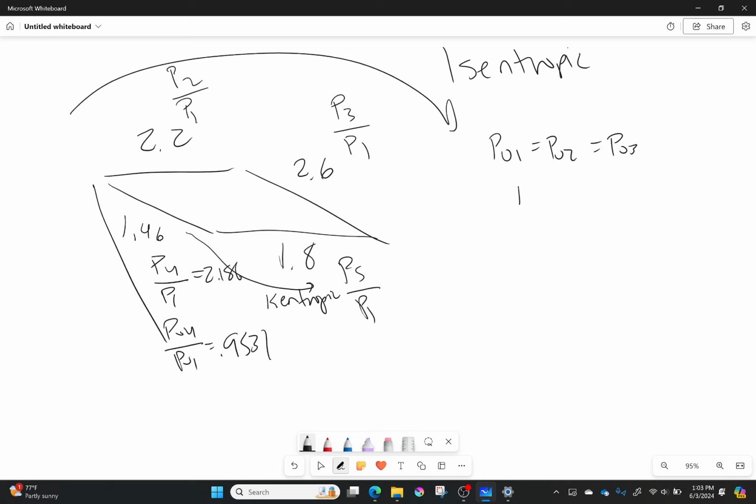I also know that P04 is equal to P05, but those are not equal to P01, because I had that shock wave first, they're not the same thing. But that's enough information that I can go to my appendix and get all the values for 2.2, 2.6, 1.46, and 1.8, and figure out all these ratios.